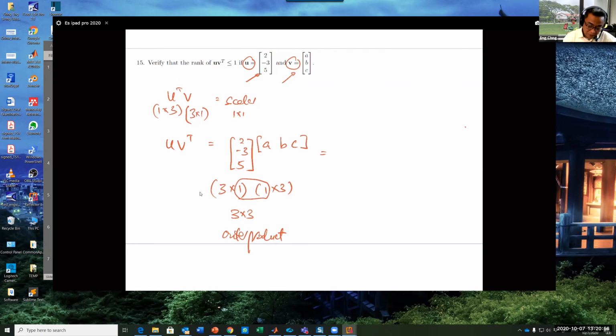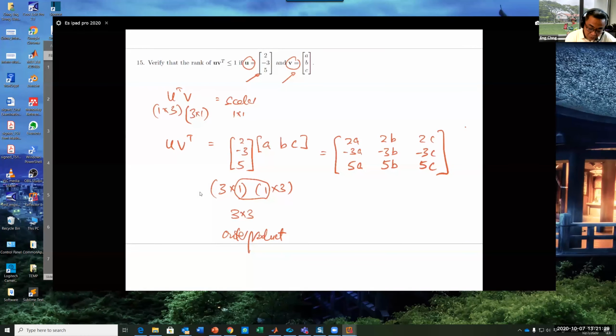Now the outer product is interesting because basically you put down the columns and a is multiplying them, that's all. And then the second column is still 2, minus 3, 5, and you're now multiplying by the second scalar in the row vector. So far okay? So the outer product is nothing but this very concrete operation.